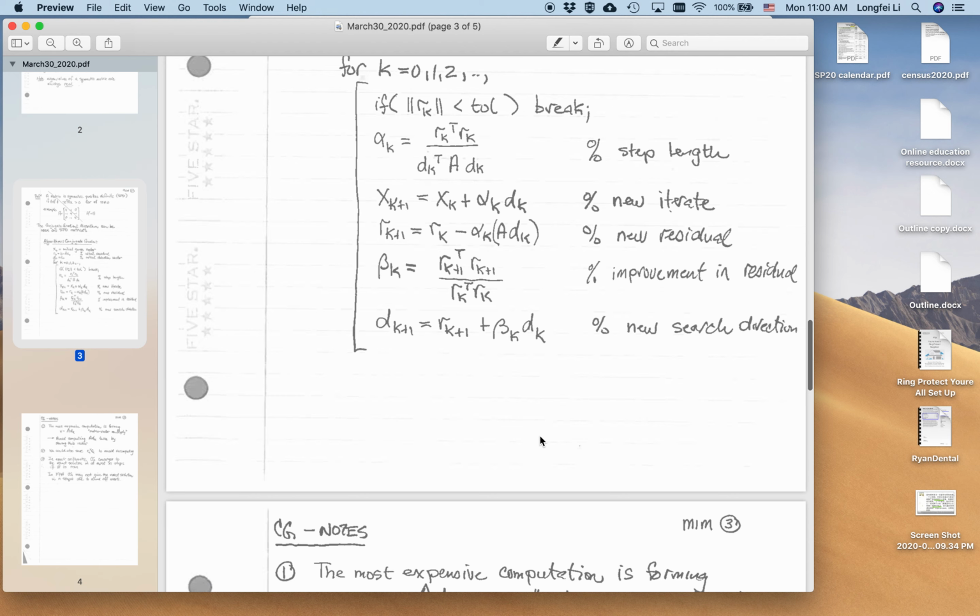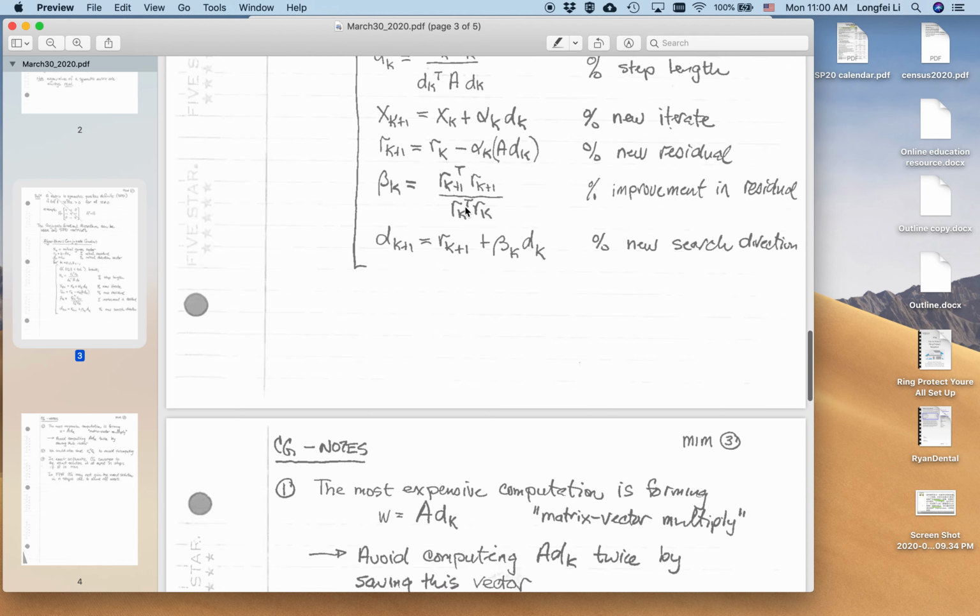And also we notice that this r k, the inner product of the residue itself, the norm, is used twice, right? This one is used here, this one is used here, and the new one is computed here, and this new one will be reused for the next step and becomes the old one.